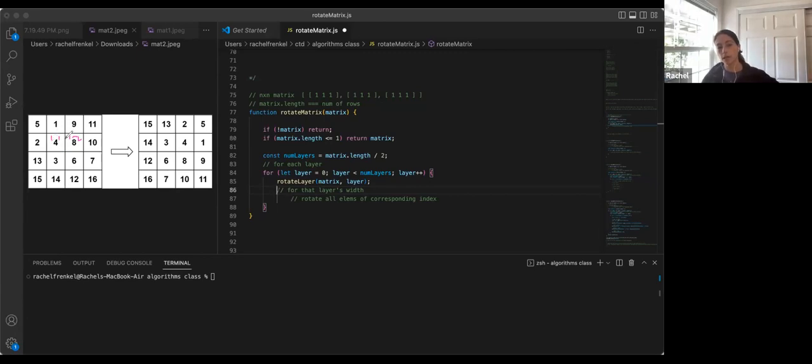So here, our starting index is just going to be the layer that we're at. And our ending index is actually, let's say it was index 0, might be clearer. Okay. Here, we're starting at 0, and we're ending at the matrix.length, which is 4.